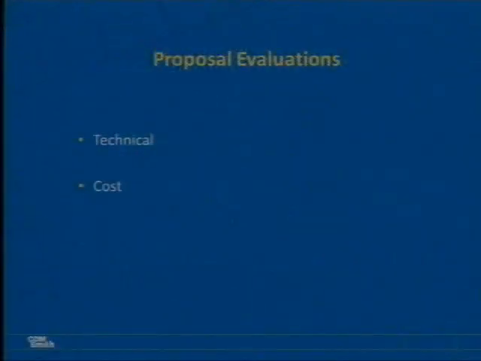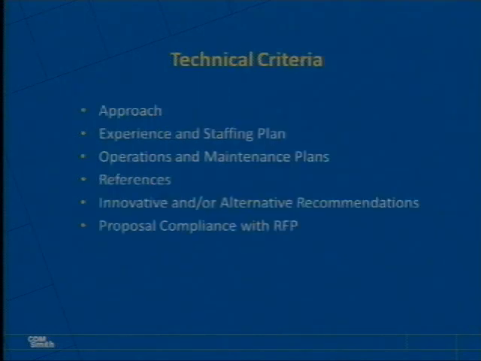Okay? We'll be evaluating proposals with 2 components, the technical component and a cost component. We'll talk a little bit more about each of those. The technical criteria for the request for proposals is based on the contractor's approach to providing the services and to meeting the performance standards that have been set in the services contract. We'll be asking for their experience and the staffing plan, how they intend to staff to provide the services.